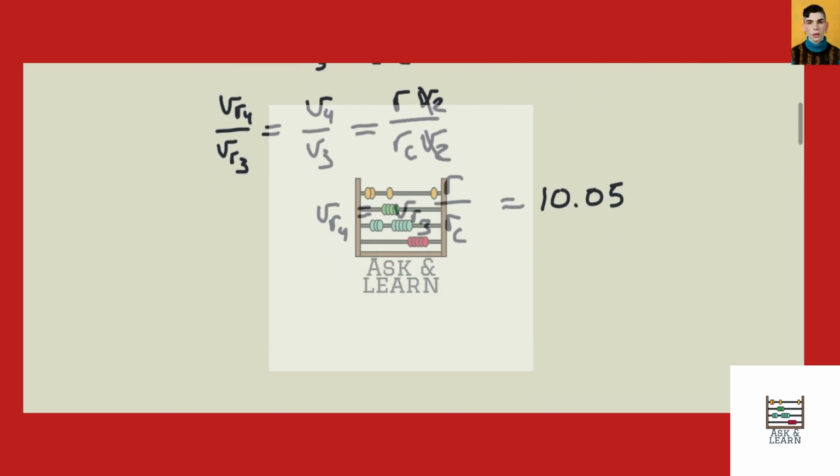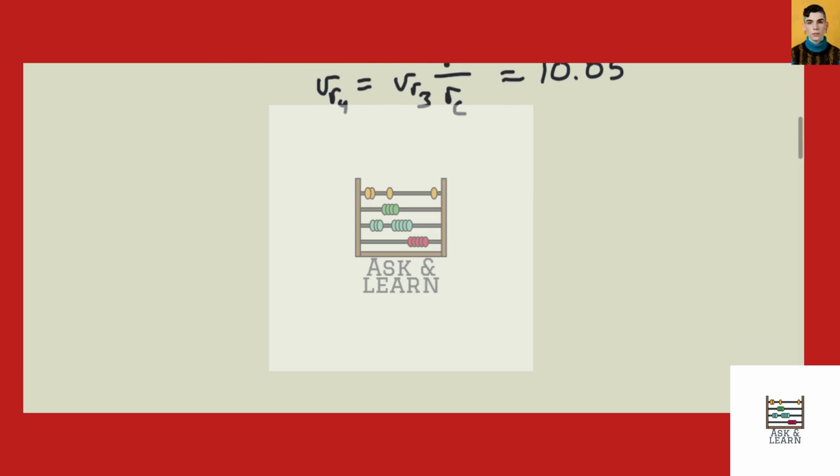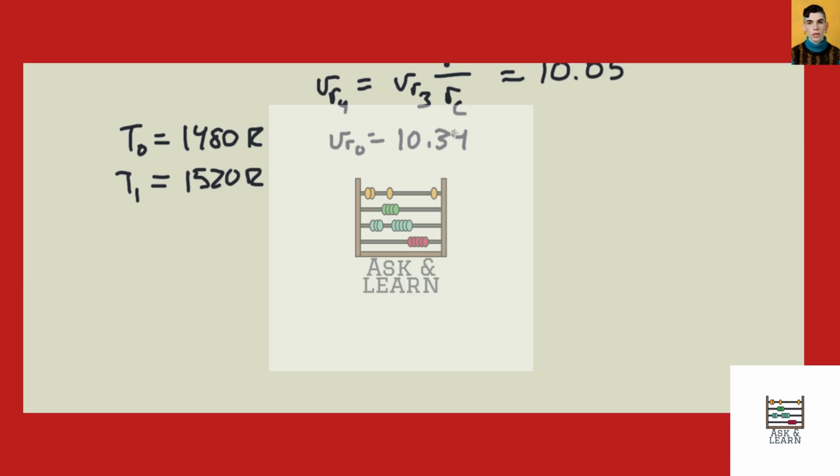So now we look at table A17E and we find the relative volumes that are above and below that. And we get a low temperature of 1480 Rankine, a high temperature of 1520 Rankine, a low relative volume of 10.34, and a high relative volume of 8.578.